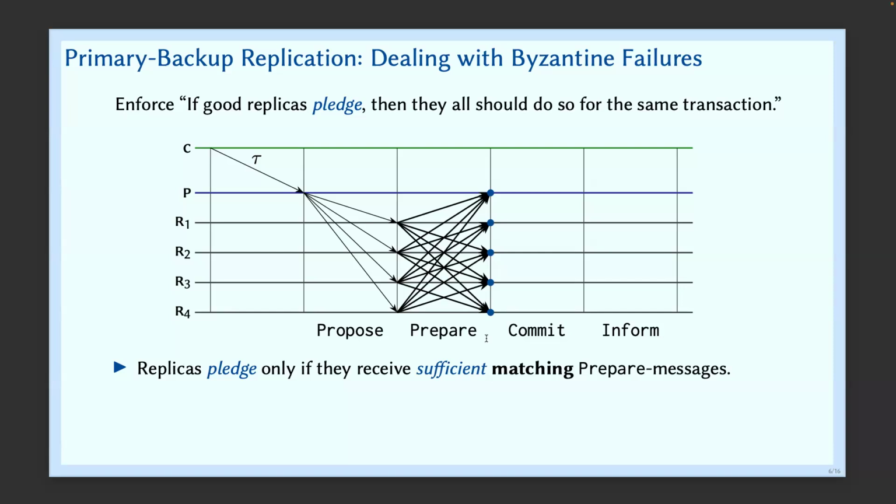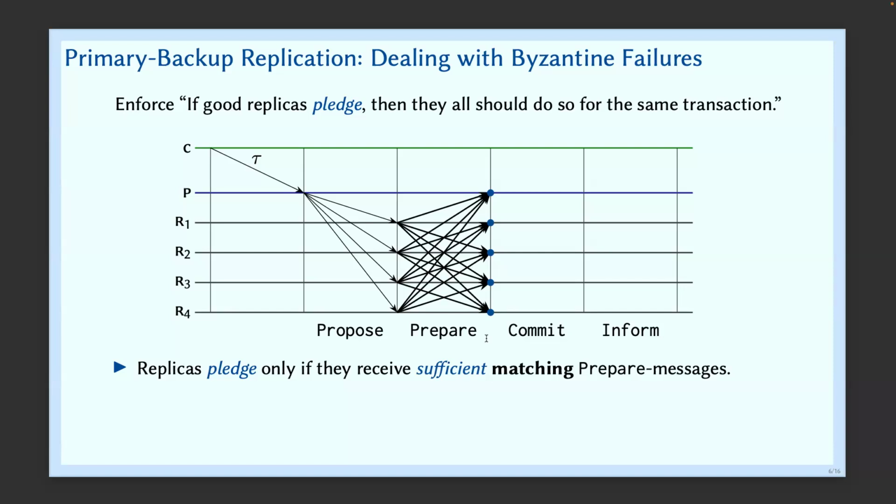Because there are F replicas who just lie. Even though the primary tells them the correct message, they say something else, or they don't even send a message. So the best I can do is 2F plus 1 saying that the primary has given them the same message. And so I know at this point that enough people got the same thing, so I get to the prepare state.